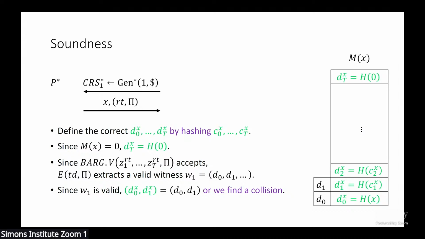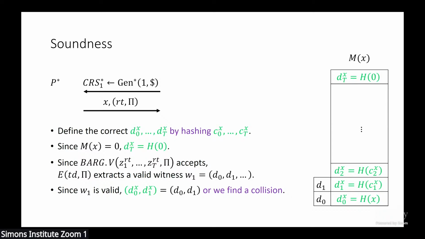We need to argue that if D0 is correct, then D1 is also correct. Before, this was unconditional. Now, if we get D0 that is correct but D1 that is incorrect, we can look at the authentication paths for the correct configurations and compare them, and this will give us a hash collision. So we still can argue that if D0 is correct, then D1 is correct. This is just a computational statement. This is roughly what's going on in the proof.